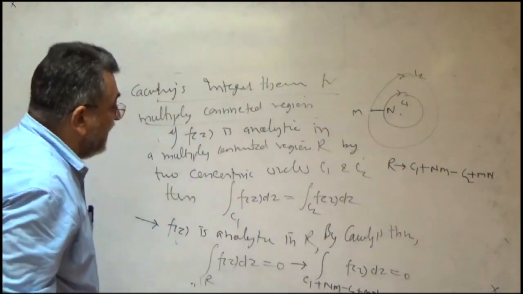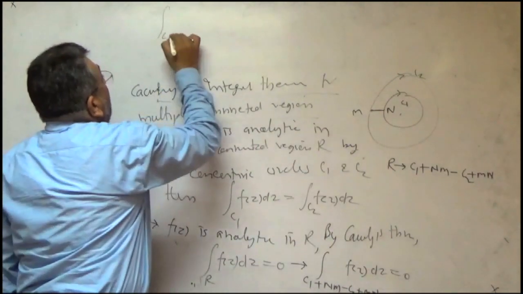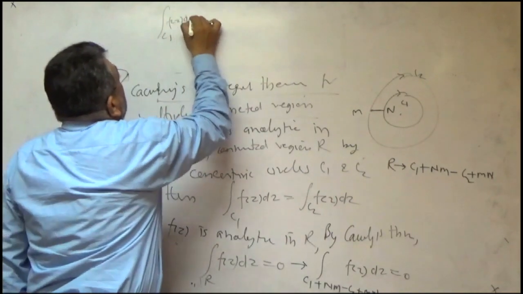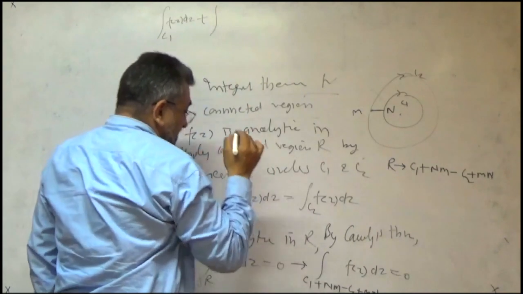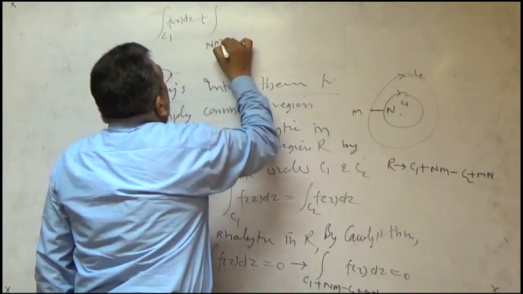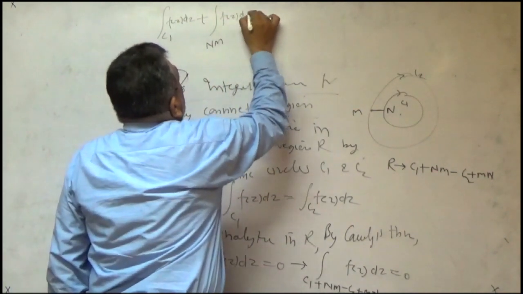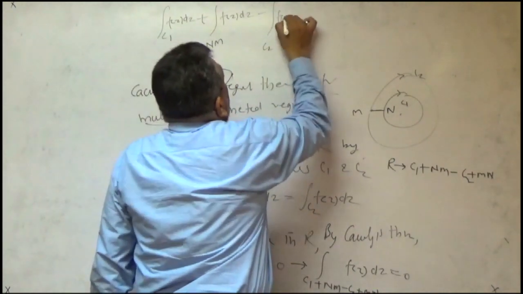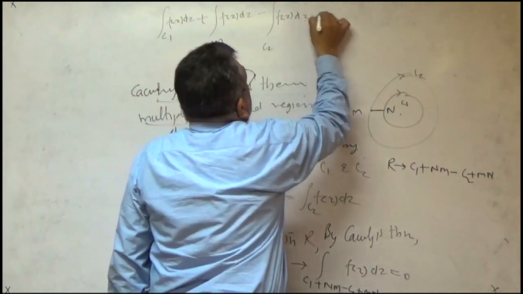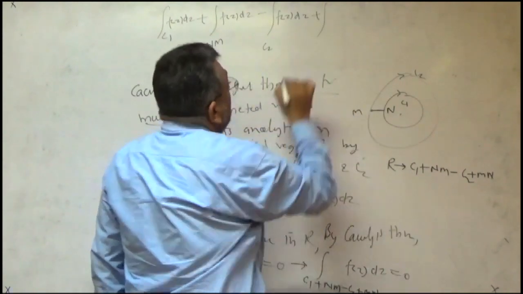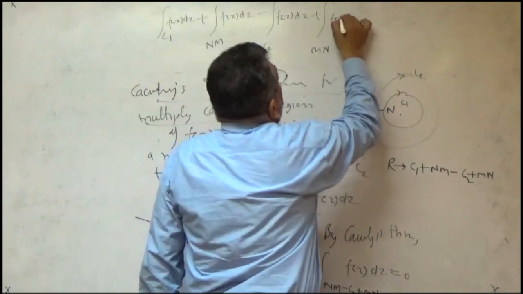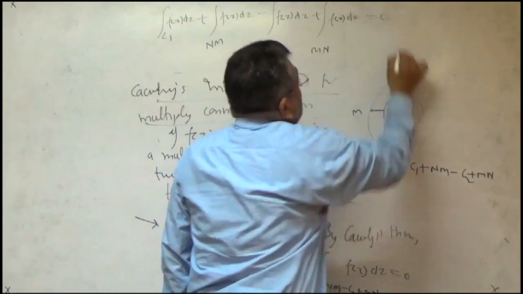If we open this by the property of definite integrals, we get four integrals: the integral of f(z) dz along C1, plus the integral along NM, minus the integral along C2, plus the integral along arc MN, and the right-hand side is 0.